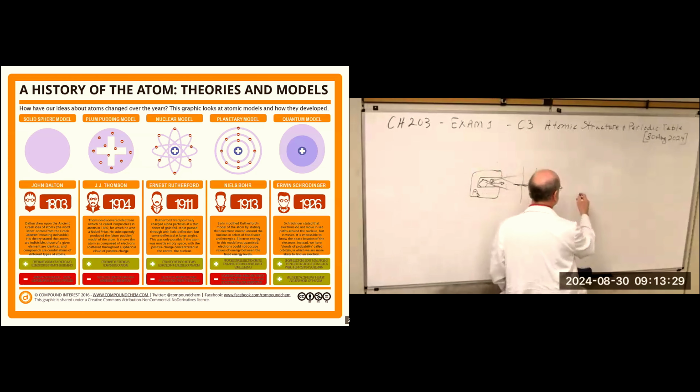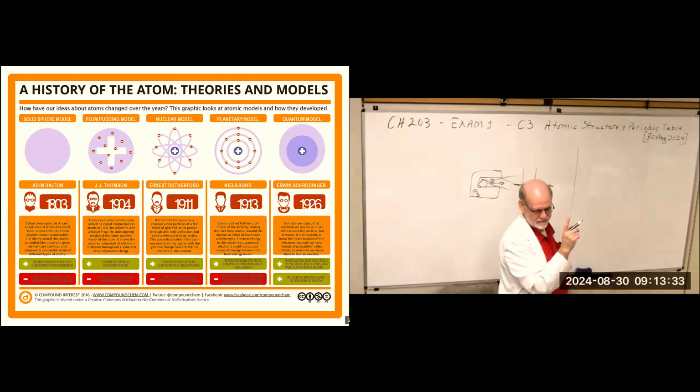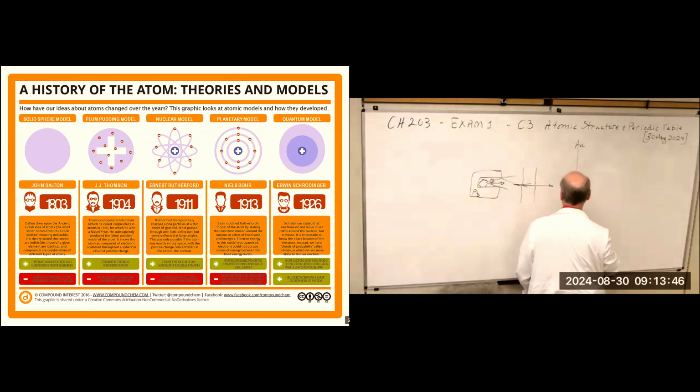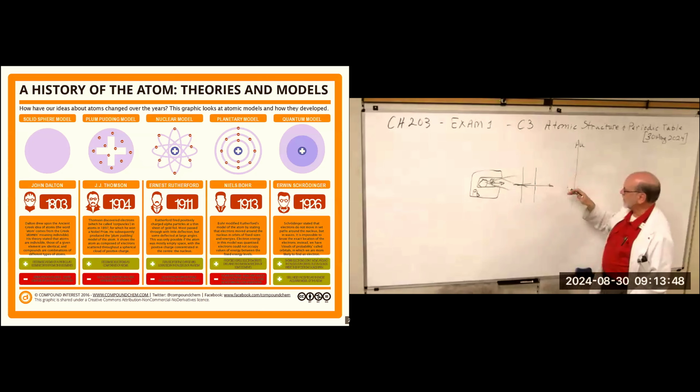And he fires them at the gold foil. Symbol for gold. Close, that's silver. Yes, Au. Okay. So now he fires these alpha particles at that gold foil, and he's got detectors all around.